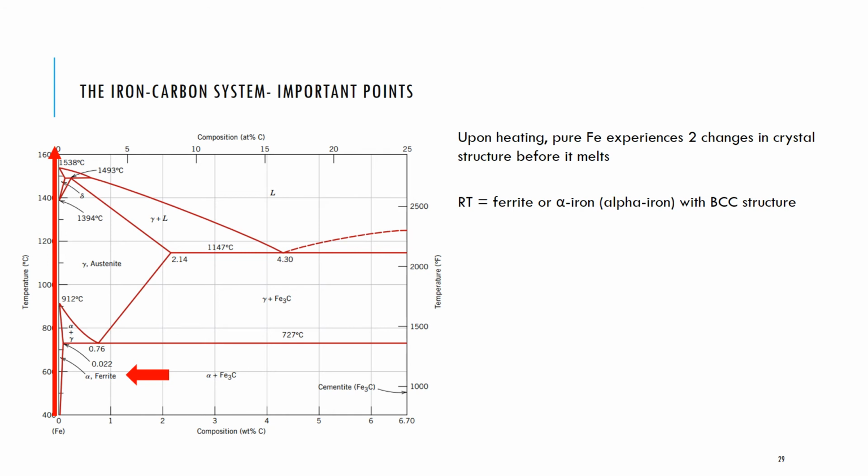At room temperature, iron exists in the ferrite or alpha iron phase with a body-centered cubic crystal structure. At about 912 degrees Celsius, it undergoes a polymorphic transition to a face-centered cubic austenite or gamma iron structure.